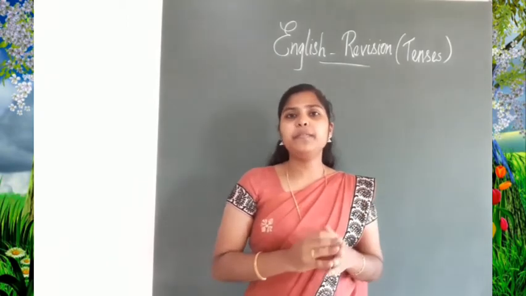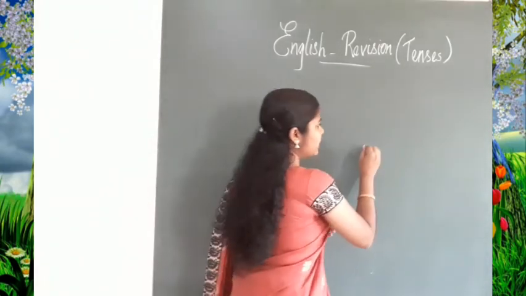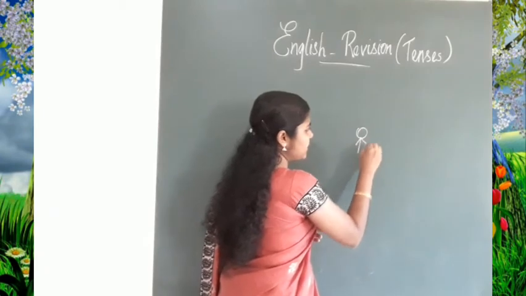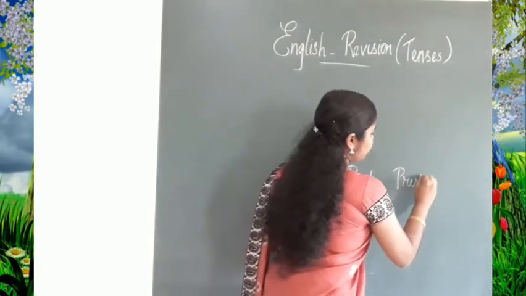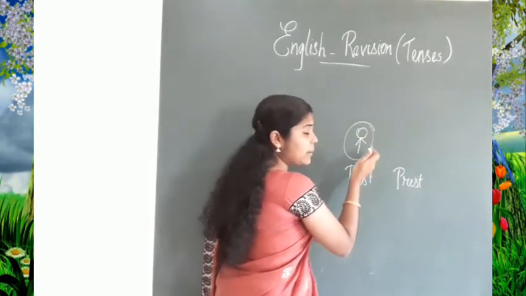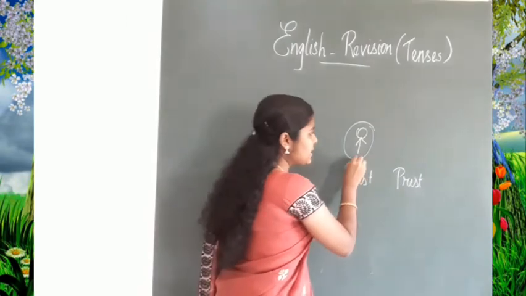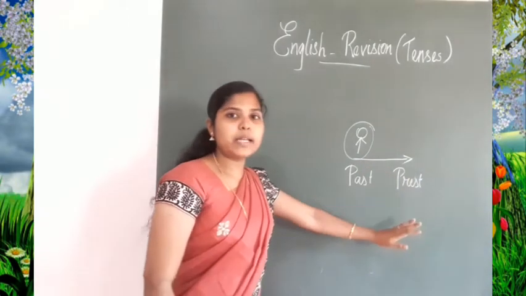So, present perfect is indicating an action which completed just now and has a connection with the present. So, an action that completed in this is past, this is present. Okay. This particular action is a completed action, but it has a connection with the present. This is present perfect tense.